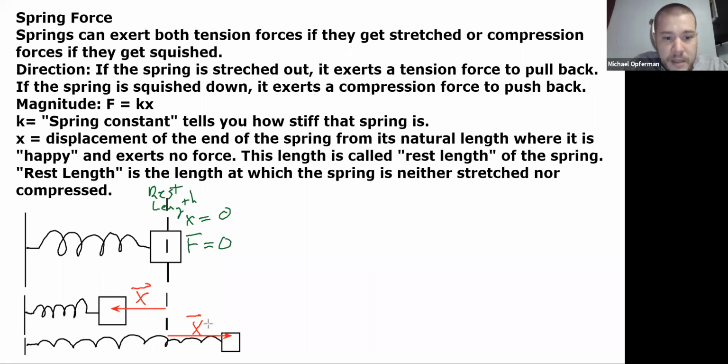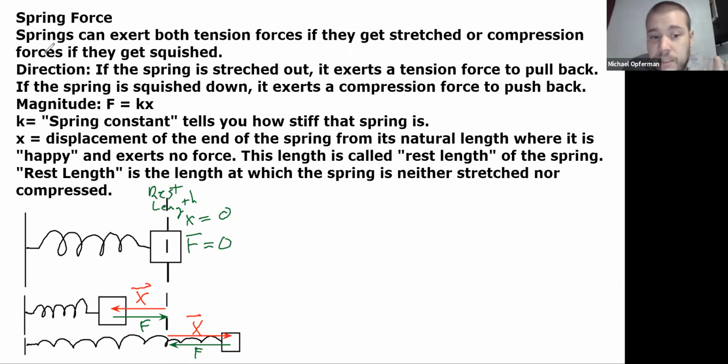Down in the middle picture there, x is going to the left, the force is going to be going to the right because that guy is compressed, so it's pushing back. And then in the bottom picture, that guy is stretched out, so it's going to pull back in this direction.